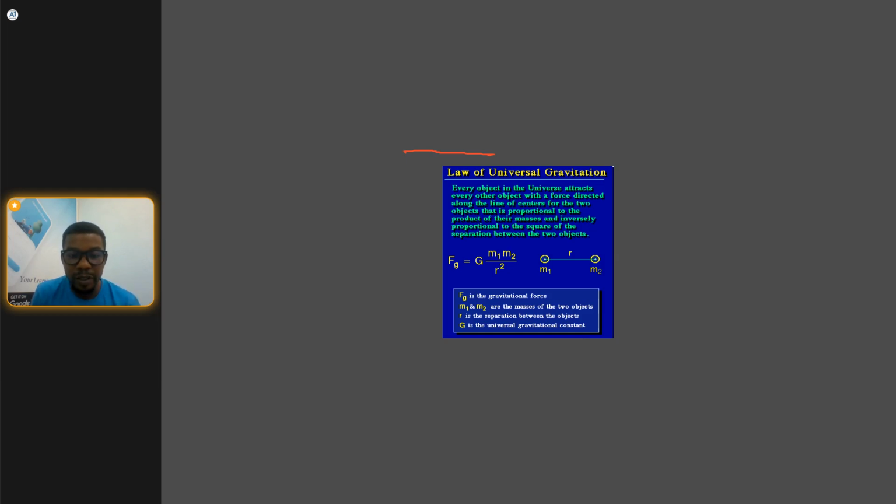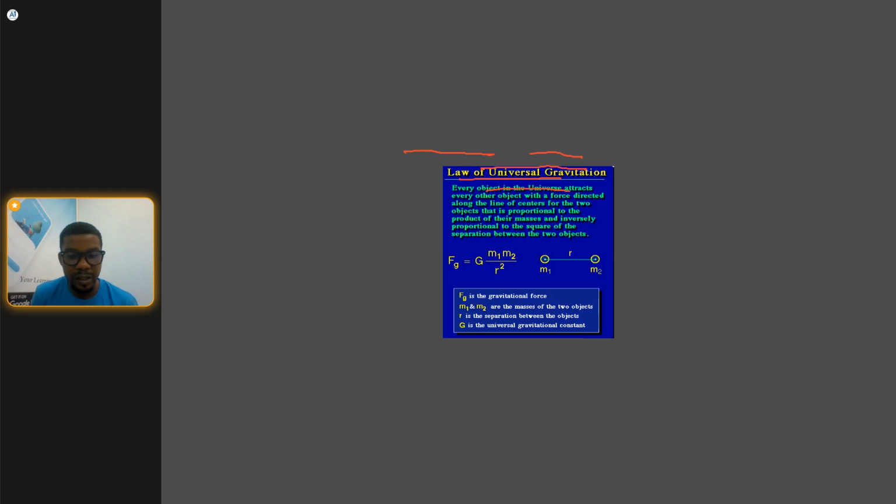Every object in the universe attracts every other object with a force directed along the line of centers for the two objects that is proportional to the product of their masses, and inversely proportional to the square of the separation between the objects.